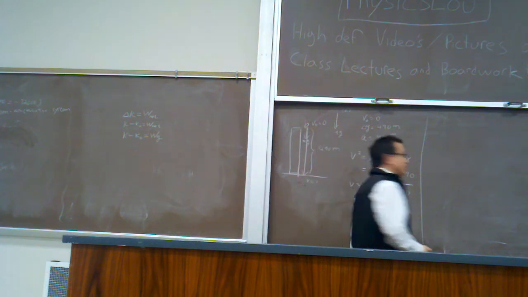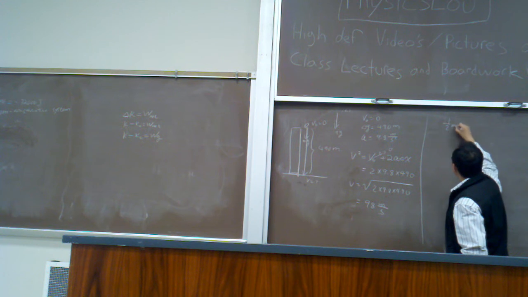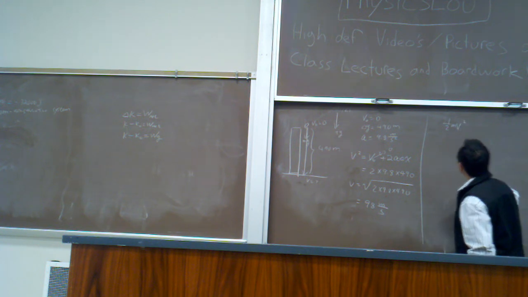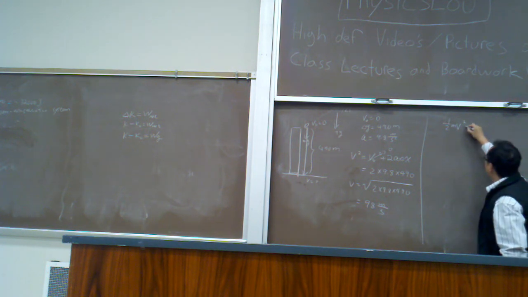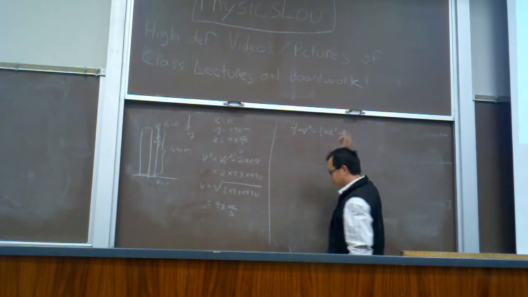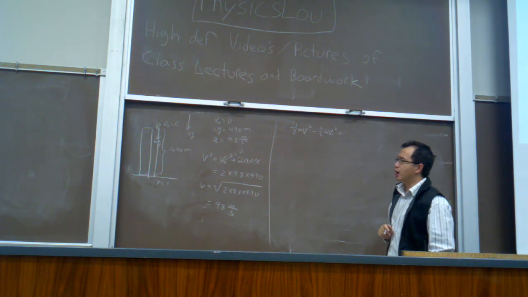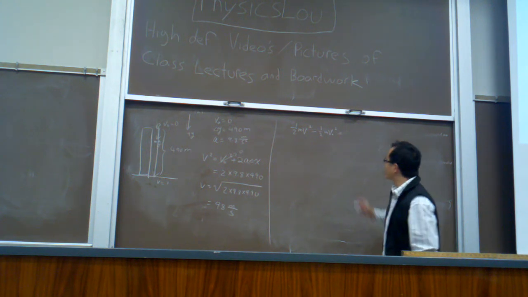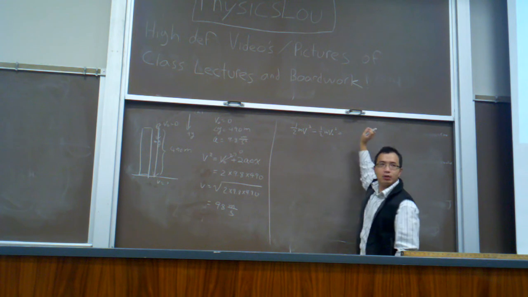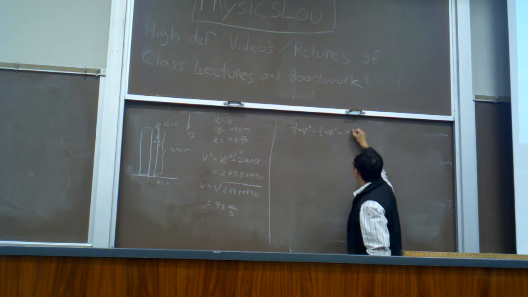Now, let's use the definition of these quantities. K is 1/2 mv squared. K naught is 1/2 mv naught squared. And the work done by the gravitational force should be the force multiplied by distance multiplied by cosine theta. The force is mg.